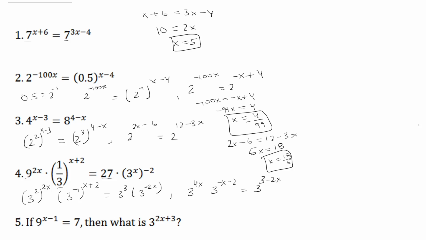And we simplify the first two exponents by adding, so we have 4x plus negative 3x, negative x is 3x. And now we just set these two exponents equal to each other since they have the same base. So 3x minus 2 is equal to 3 minus 2x. We add 2x to both sides. We also add 2 and get x is equal to 1.